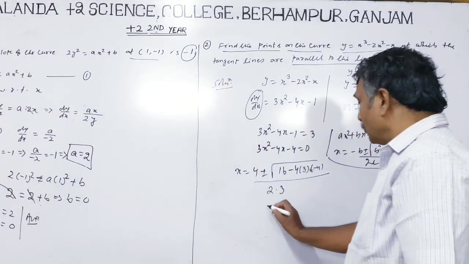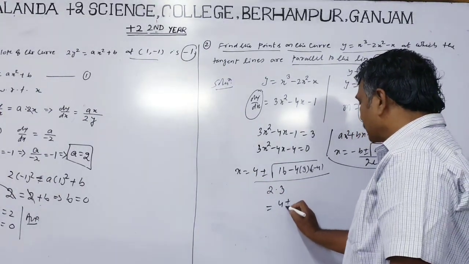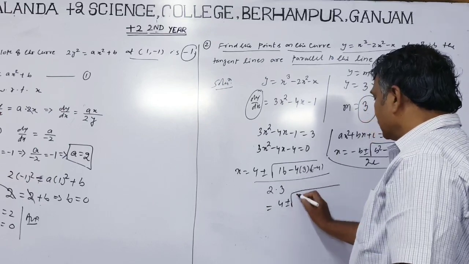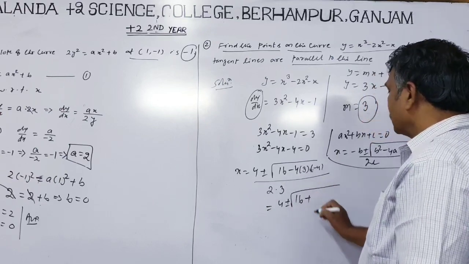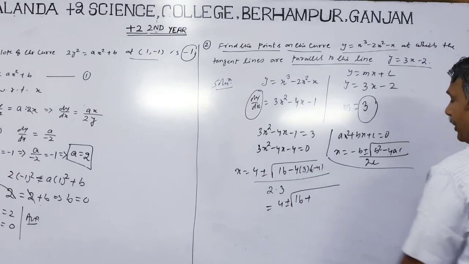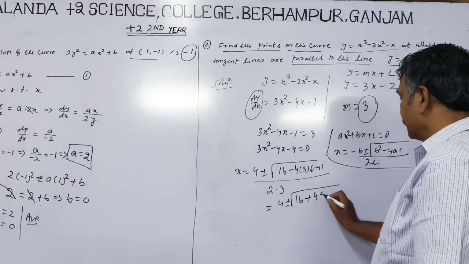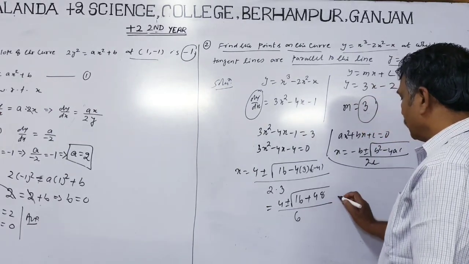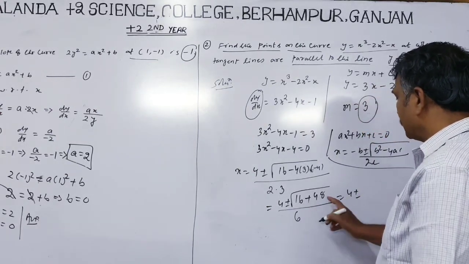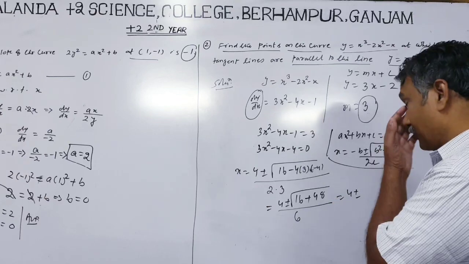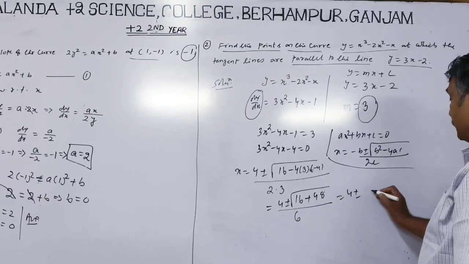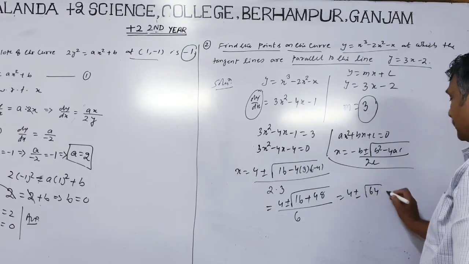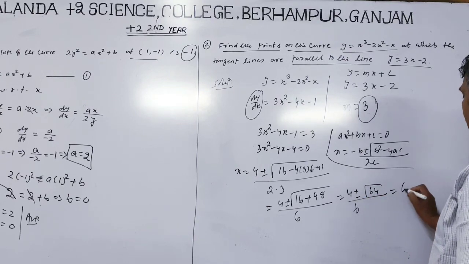So this equals 4 plus or minus root over 16 plus 16 into 3, 48, by 6. So 4 plus or minus how much? 64. Root over 64 equals 8. So 8 by 6.